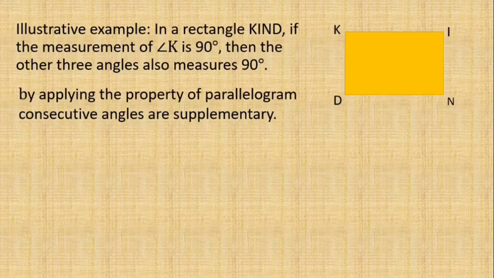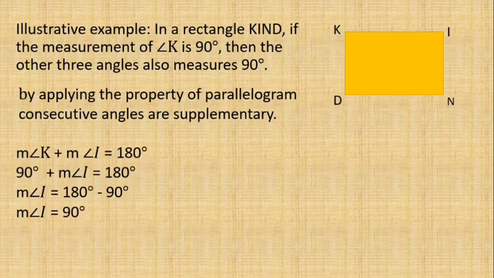Let's have an example. In a rectangle KIND, if the measure of angle K is 90 degrees, then the other 3 angles also measure 90 degrees. By applying the property of parallelogram, consecutive angles are supplementary. The measure of angle K plus the measure of angle I, which are consecutive angles and supplementary, is 180 degrees.